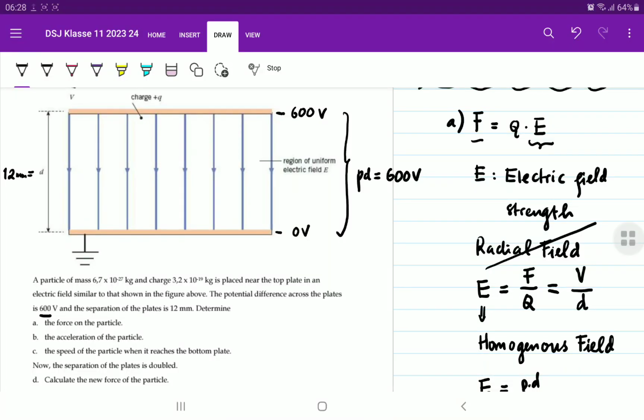Now for the second question, B, we are asked to calculate the acceleration of the particle.